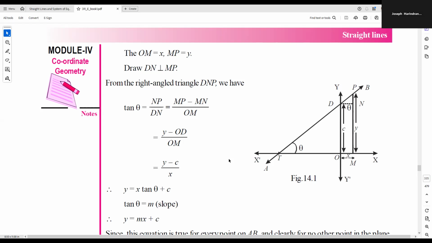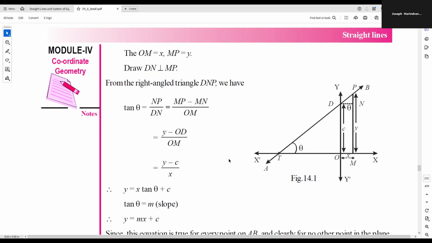So the y-intercept is the point at which the line intersects the y-axis. And the coordinates of that point will be 0, c.